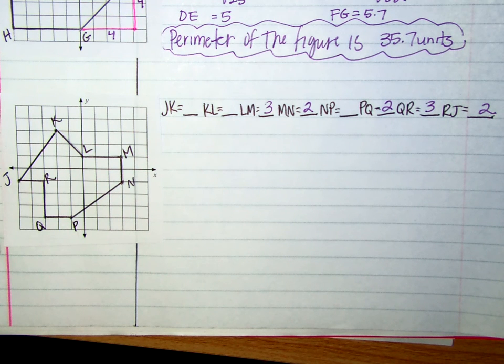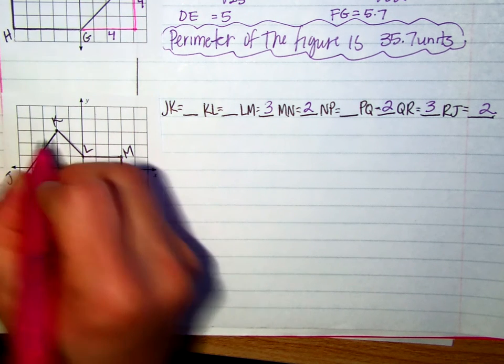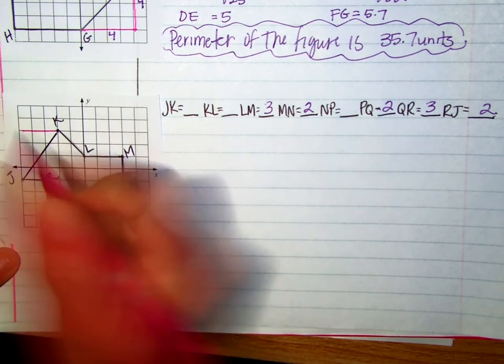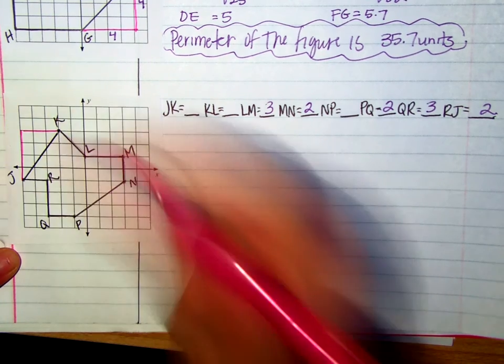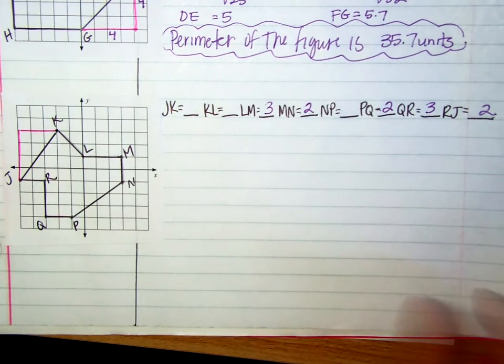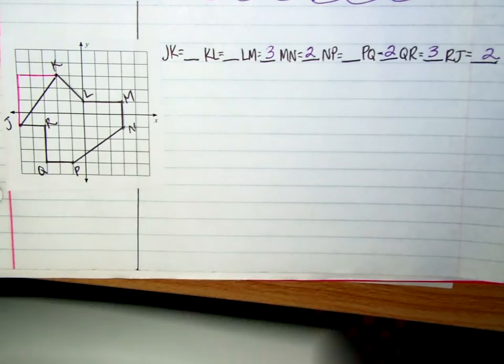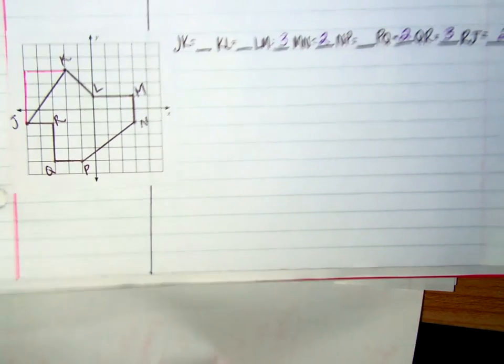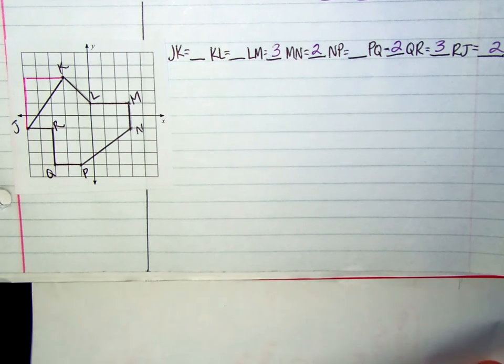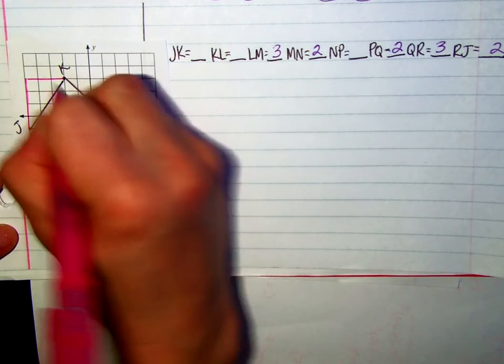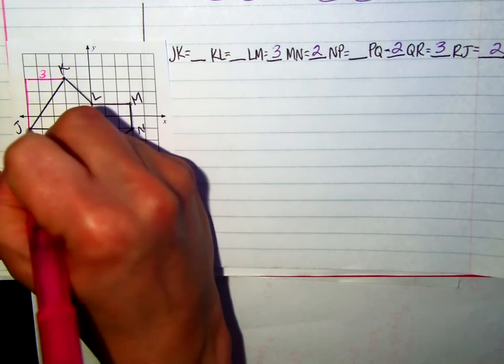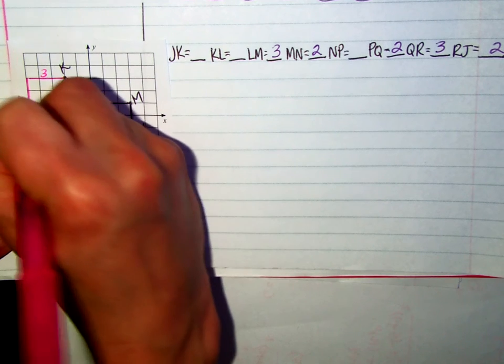Let's start with JK. So I'm going to first build my right triangle so I can find the base and the height. Okay? Alright, so it looks like my base is 3, and this is 1, 2, 3, and my height is 4.